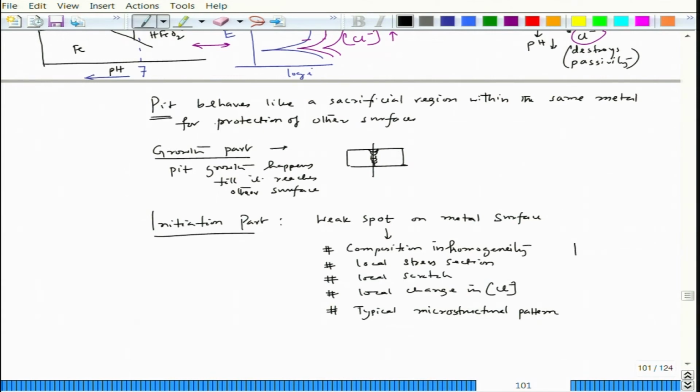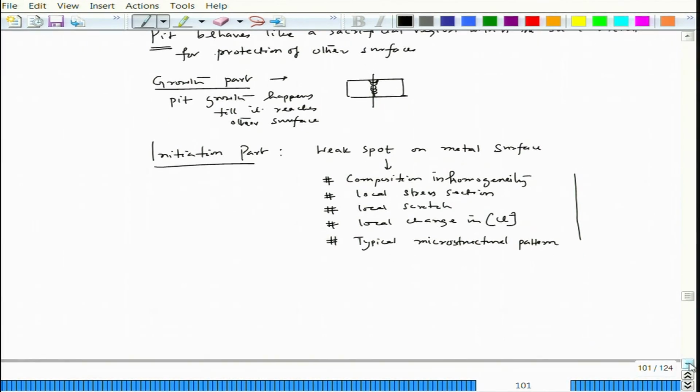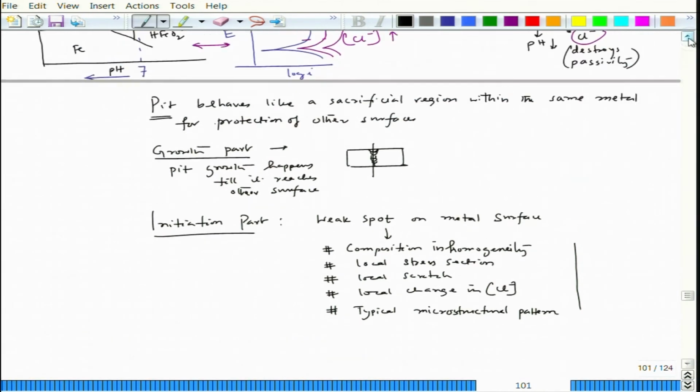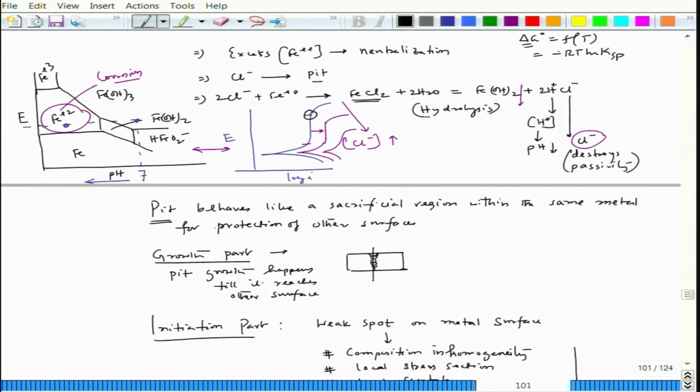So, there the pit can start, and the growth stage, of course, the way it happens we have just explained. So, that is basically the mechanism part of it. Now, when we talk about this pit formation, it is definitely related to potential, which is called E pit, or in short EP.